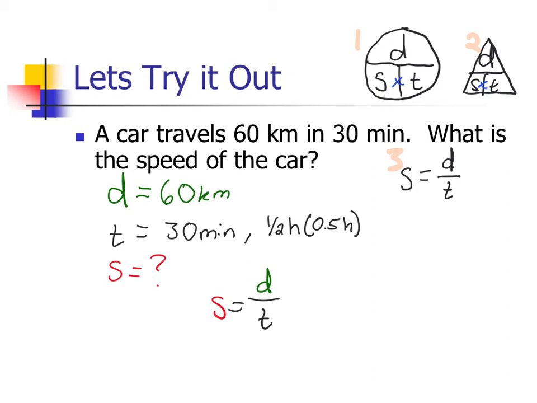I substitute my knowns in, and I get 2 kilometers per minute.